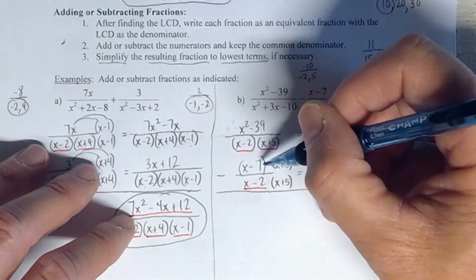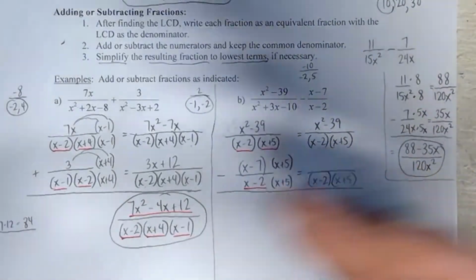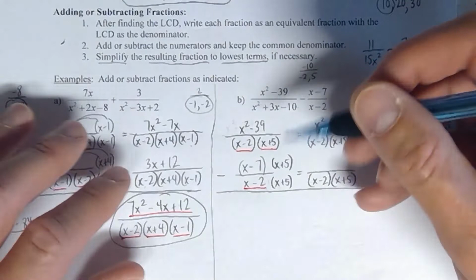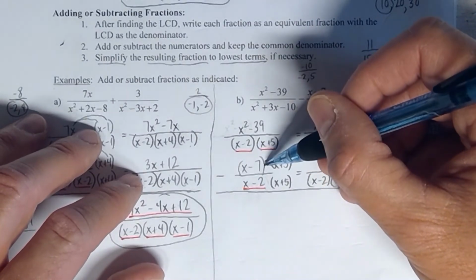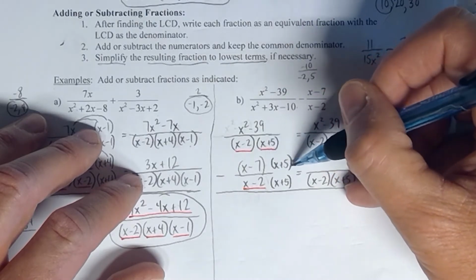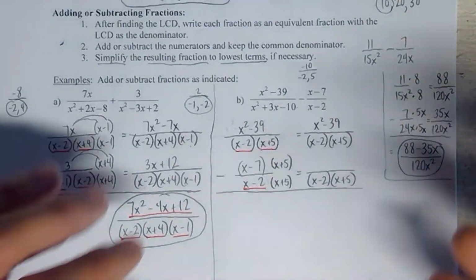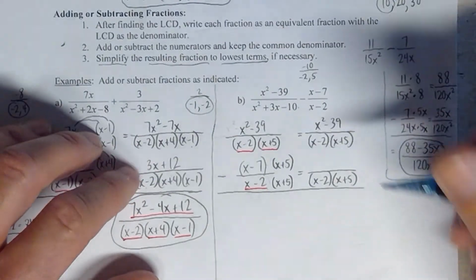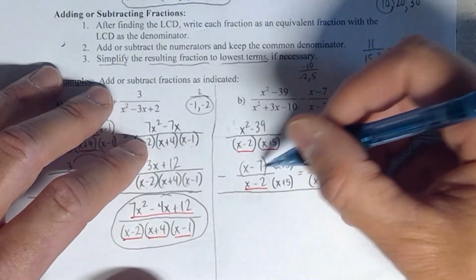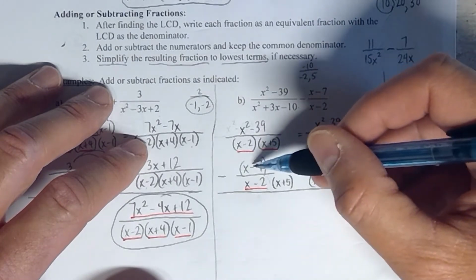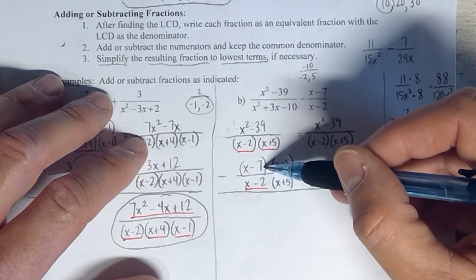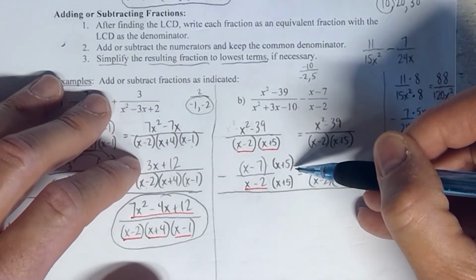When you have just a polynomial with more than one term in your numerator, x minus 7 has two terms, because you're multiplying by something, you have to bracket it. I know I've said that a number of times now, but I can't say it enough. It's so important. So that reminds us that we have to multiply this whole thing, not just the negative 7, but this whole thing by x plus 5.